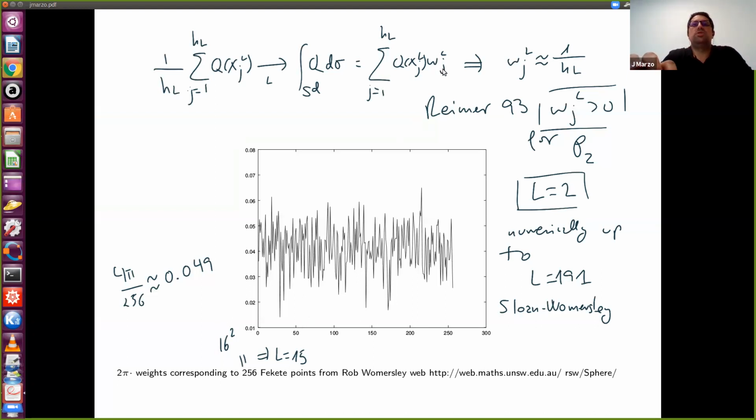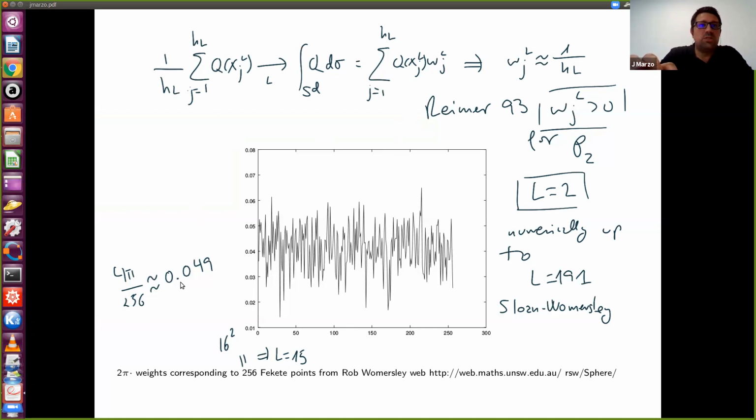Okay, these w_j's, and I just plot the weights here. And as you can see, if I compute 1 over H_L, this should be 4 pi times this, because this was not normalized.